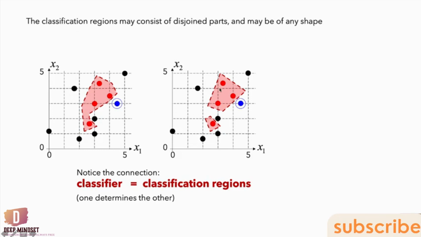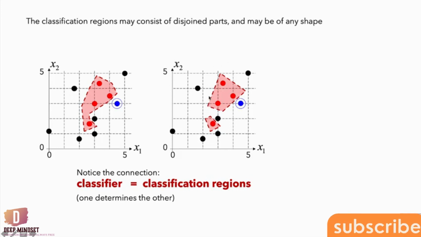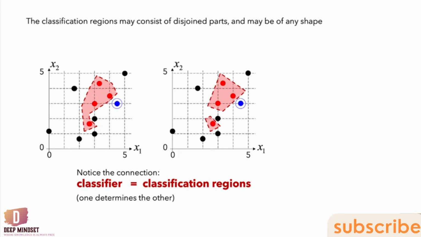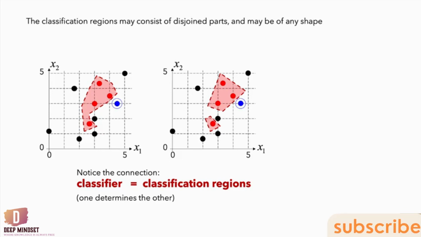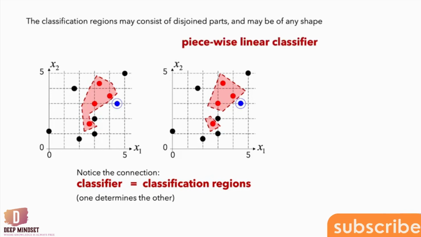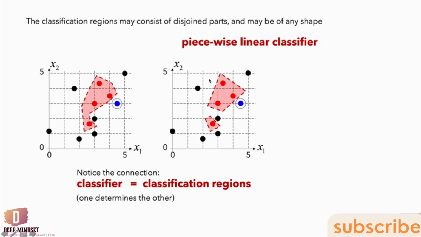And here on the right hand side, you can see that this is disjoint, like the region of the red class is, well, you got two subregions. Notice the connection. So the classifier is going to produce a classification region. So one determines the other. So this one on the right hand side, it's called a piecewise linear classifier.